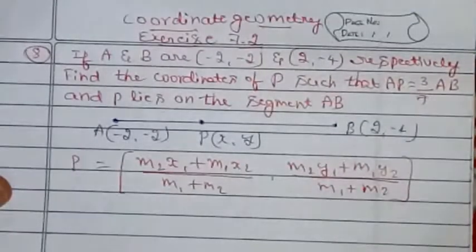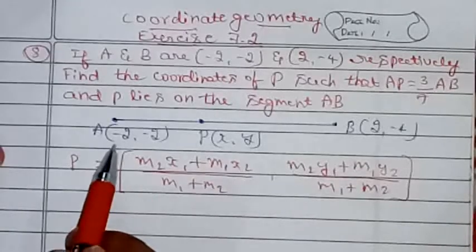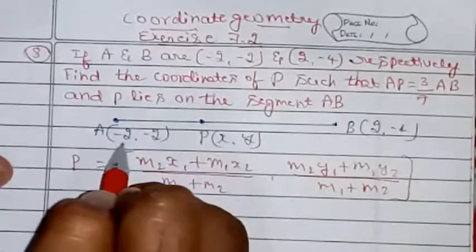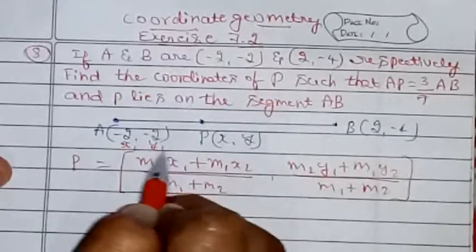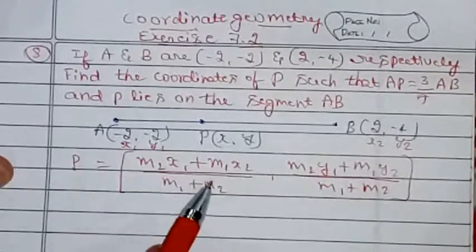Now just observe here. x1, x2 and y1, y2 are the coordinates. They have given the coordinates of A and B. So let me call this x1, this y1, this x2, and this y2. So we got the x1, y1, x2, y2 values.